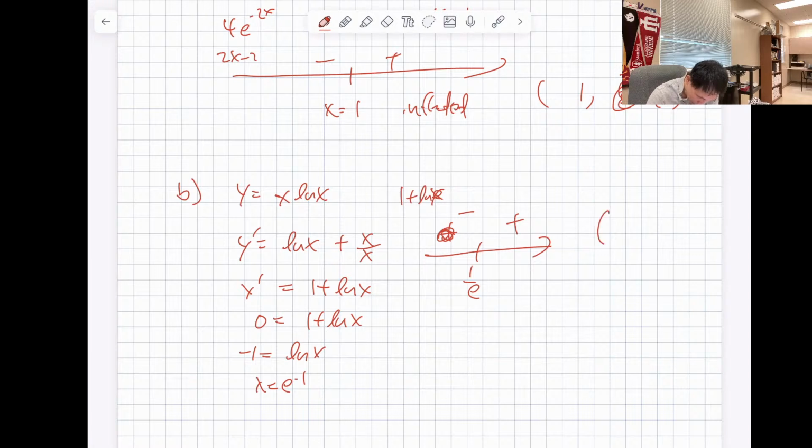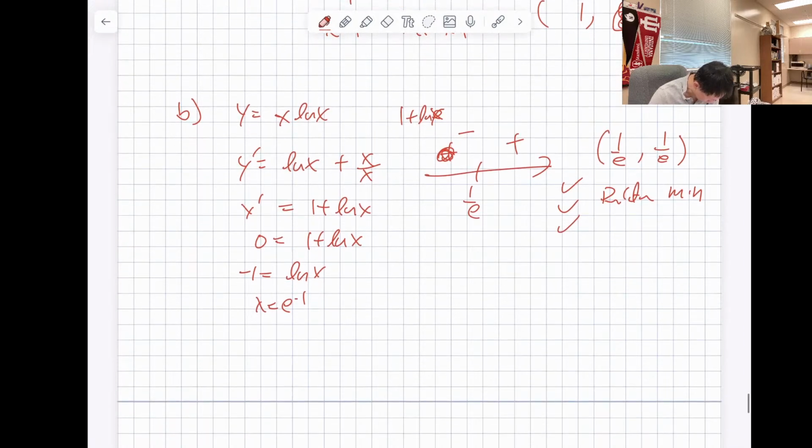So 1 over e is going to be the x-value, and that's going to be a relative minimum. So that's going to give you 3 check marks. If you take a derivative again, that's equal to 1 over x, there's no inflection point. This is too easy.